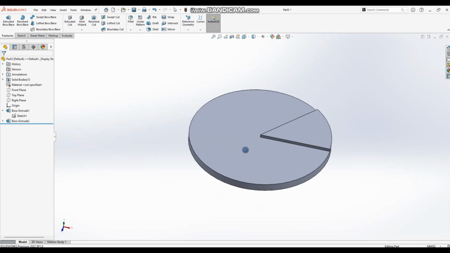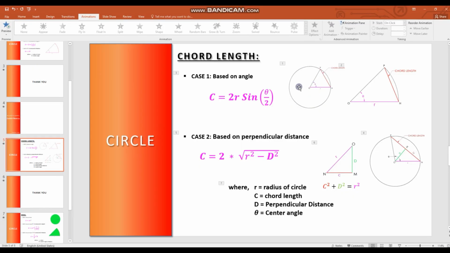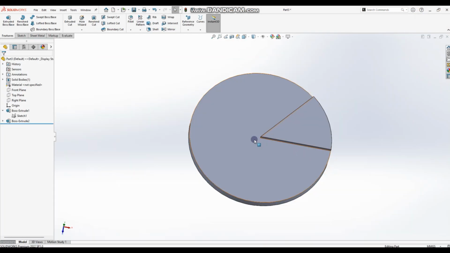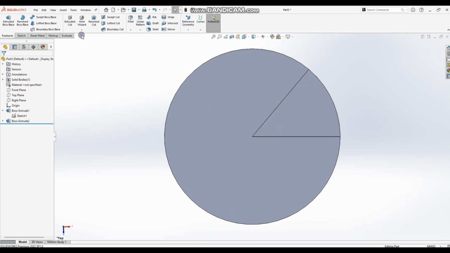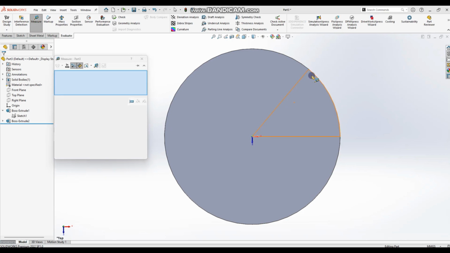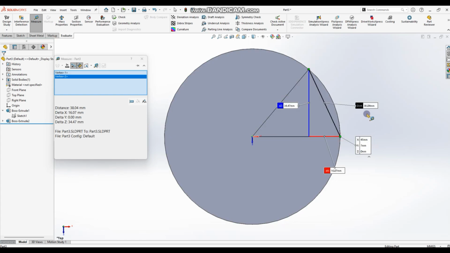See, I showed this type of image here. Going to top view, taking the measure tool, selecting this point and this point, we got the value 38.04, that is the chord length value.